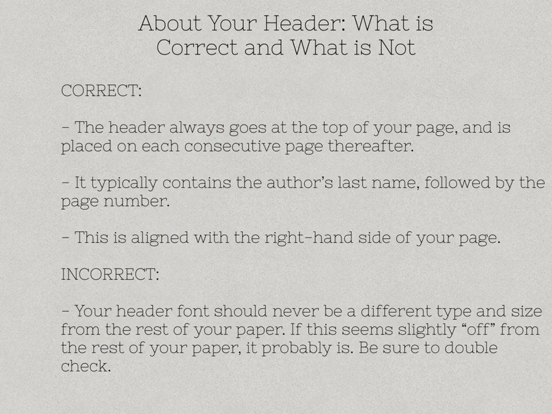So, when it comes time to implement a header, it is always important to consider what is correct and what is not. The header always goes at the top of your page and is placed on each consecutive page thereafter. It typically contains the author's last name followed by the page number.